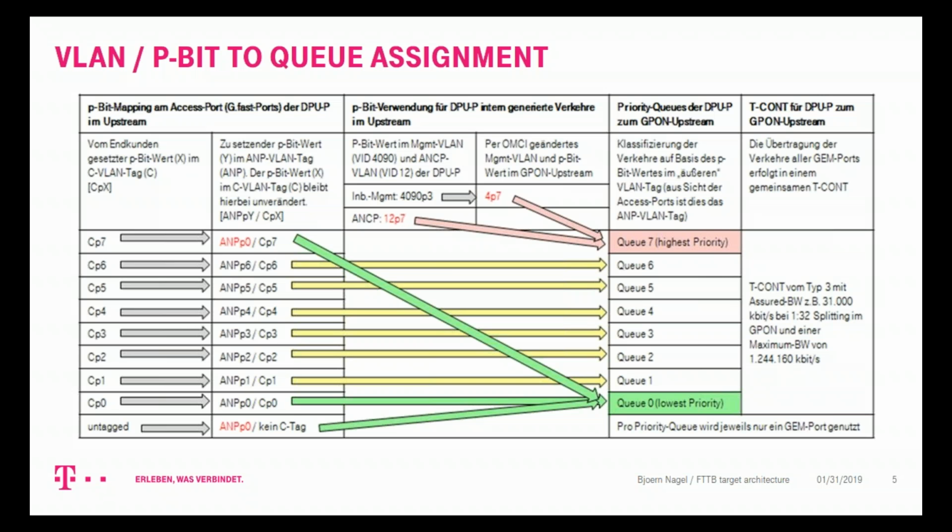But the important aspect I already addressed is the in-band management, which is generated inside the DPU and comes with a VLAN tag 4090 P3 in our particular case right now. And with that VLAN tag and priority bit, it comes from the switching part, or from the management part of the DPU, in fact, to the virtual Ethernet interface point.